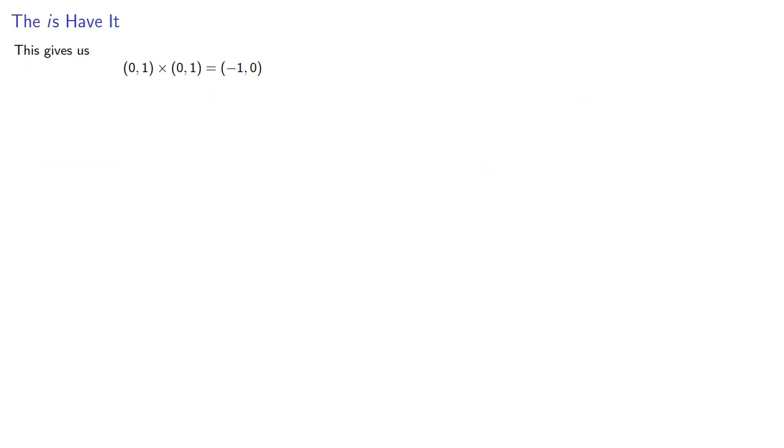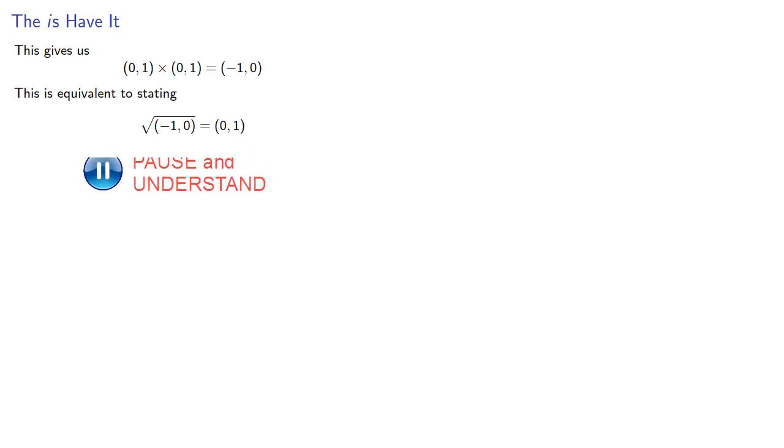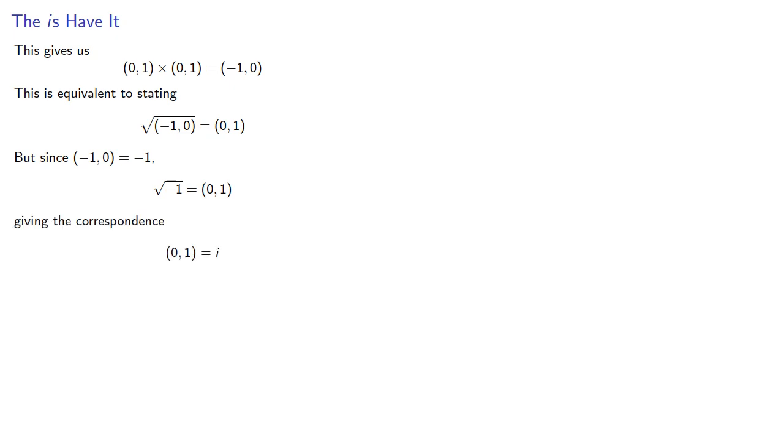And this gives us the product, which is equivalent to stating that the square root of the number couple (-1, 0) is (0, 1). But since the number couple (-1, 0) was identified with the real number negative 1, this also says that the square root of negative 1 is this number couple, giving us the correspondence (0, 1) as the complex unit.